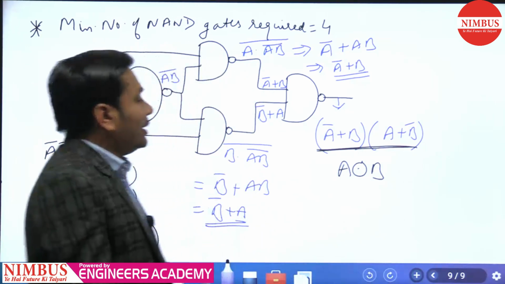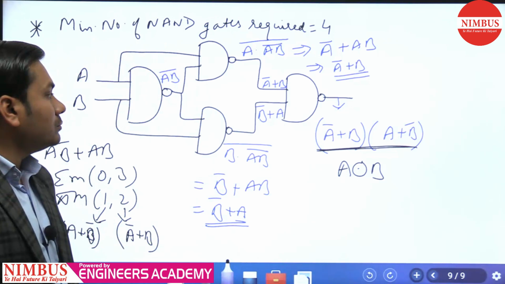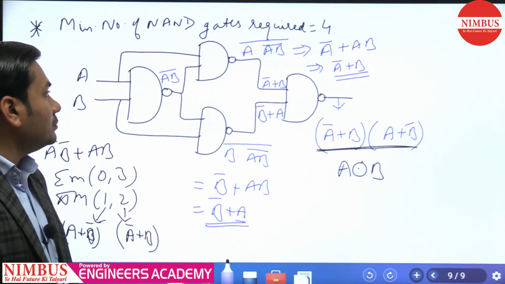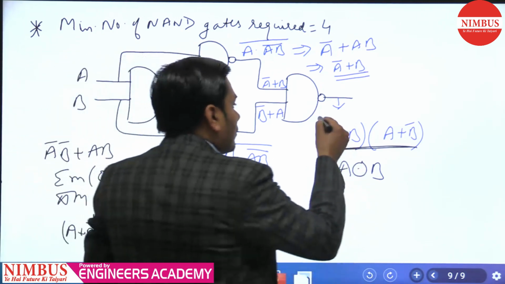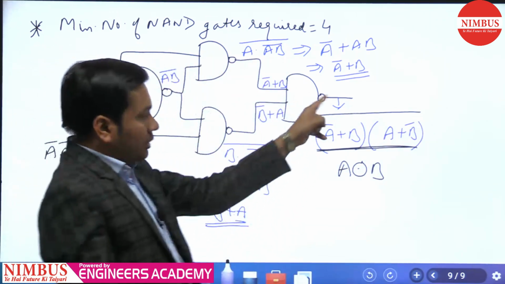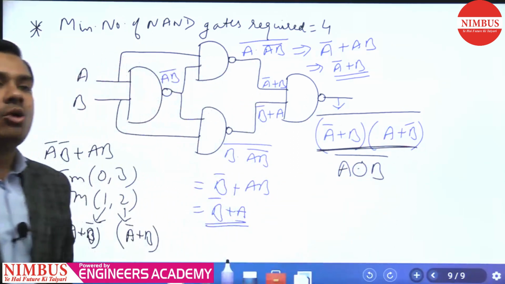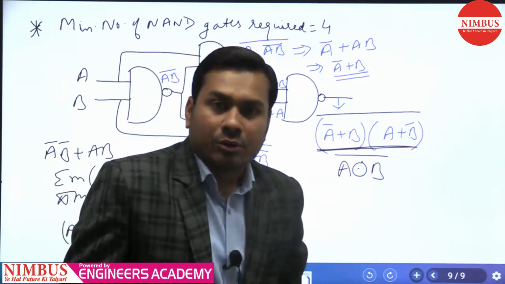And XNOR is the complement of XOR. Right? So we are having a bubble also. So we are having A XNOR B complement, and XNOR is a complement of XOR, right?